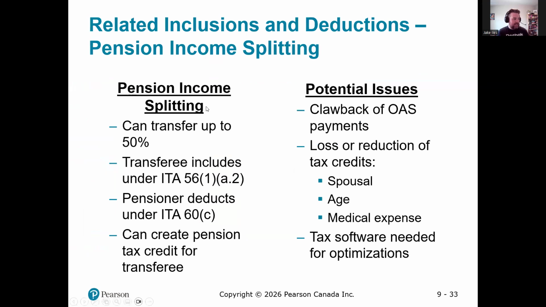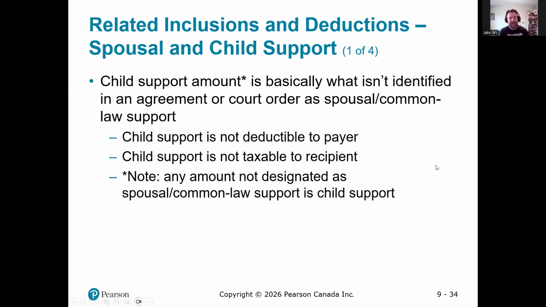After pension income splitting, there's also a modification to income if you're paying child and spousal support, specifically spousal support. Child support payments are basically what isn't identified in an agreement or court order as spousal or common law support. So if I'm in a relationship and that relationship has a breakdown and I separate or divorce, that separation agreement might outline some support payments that I have to pay.